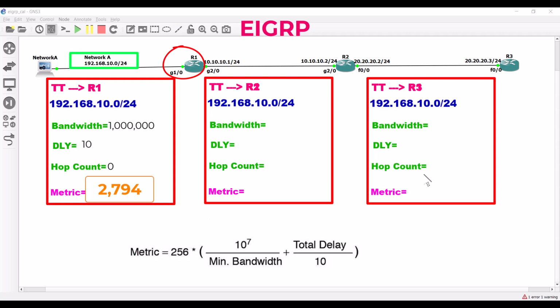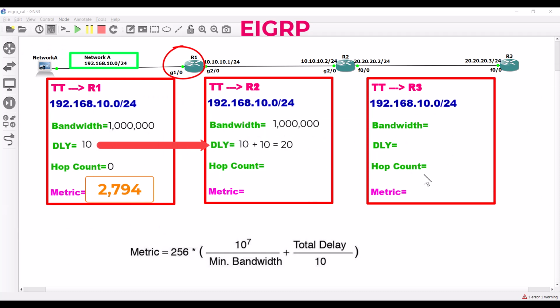Now router 2. We draw TT or topology table for network A. What is the bandwidth? This is gig interface, so it is 1 million kilobit per second. And what is the total delay? It is 10, but listen, we must add the next hop's delay, so it is going to be 10 plus 10.